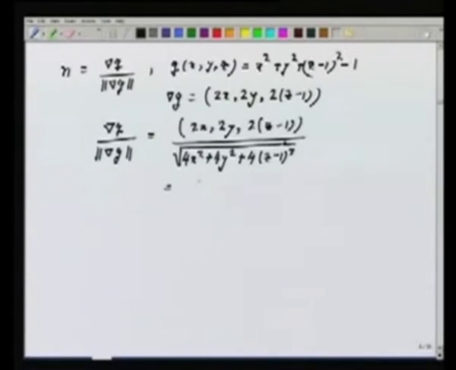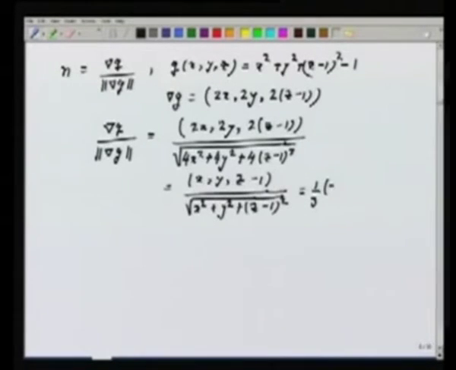So I can take 2 out, I get (x, y, z minus 1) divided by the square root of x square plus y square plus (z minus 1) whole square. But (x, y, z) is a point on the surface, and I know x square plus y square plus (z minus 1) whole square equals 9. So square root of 9, so it is 3. So I get 1/3 (x, y, z minus 1).